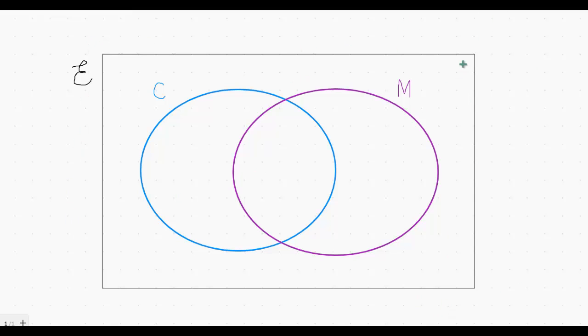This rectangle represents the universal set, and these two ovals or circles represent the groups of families. This blue oval represents the number of families which have car, and this purple one represents the number of families which have motorcycle.